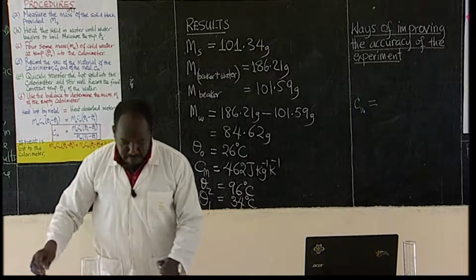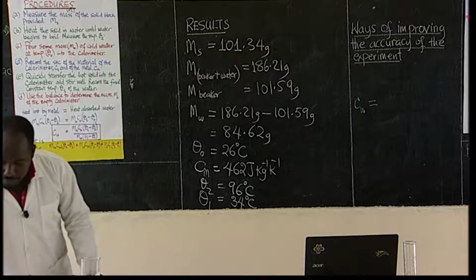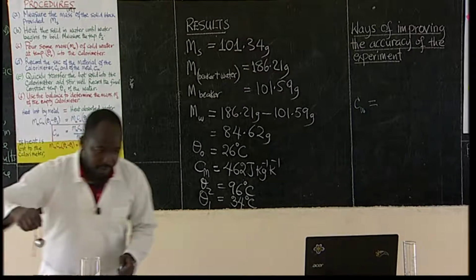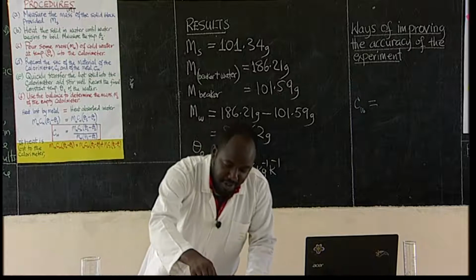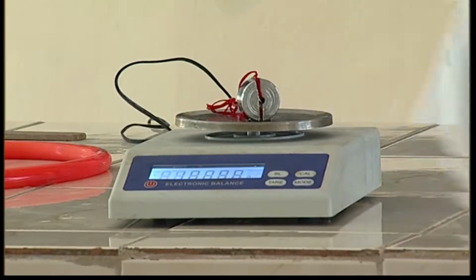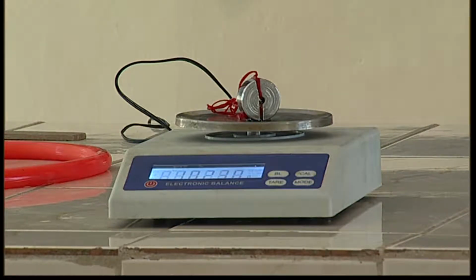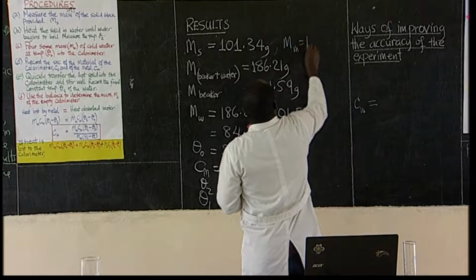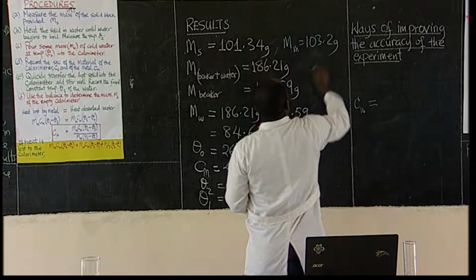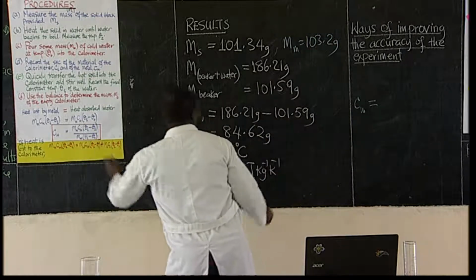So we get our metal right there. Then we determine its mass. So mass of the metal, 103.2 grams.